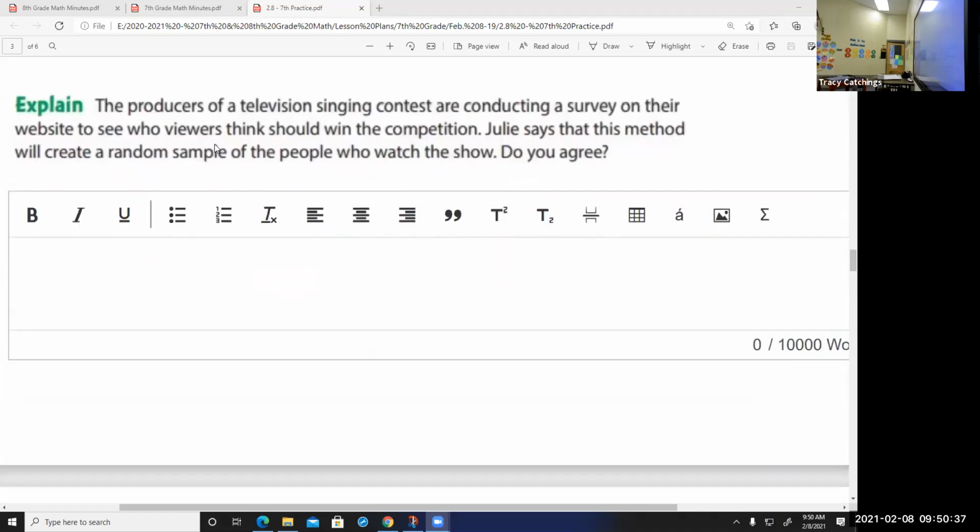All right, number 8. It says the producers of a television singing contest are conducting a survey on their website to see who viewers think should win the competition. Julie says that this method will create a random sample of the people who watch the show. Do you agree?